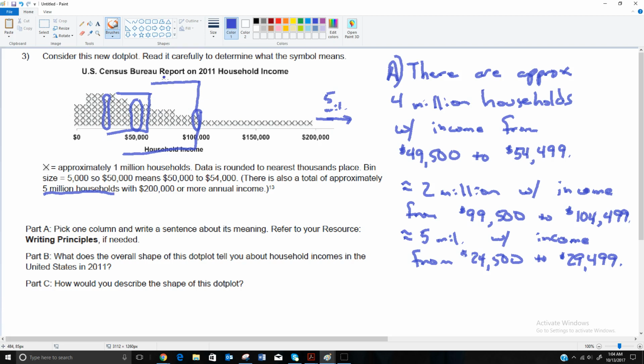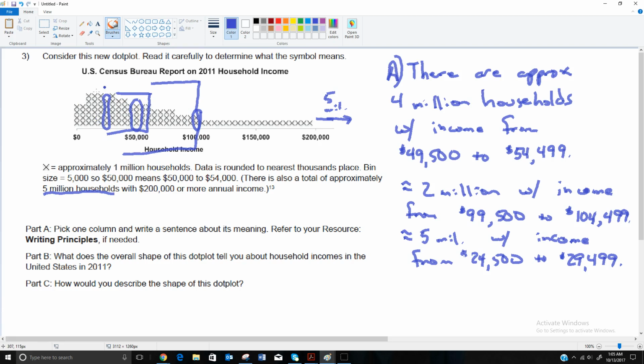And so what they'll typically do is discuss the median, which is cutting the data, half of the families above and half of the families below, which would be again probably about this area. So the median income is probably more like around 50,000.